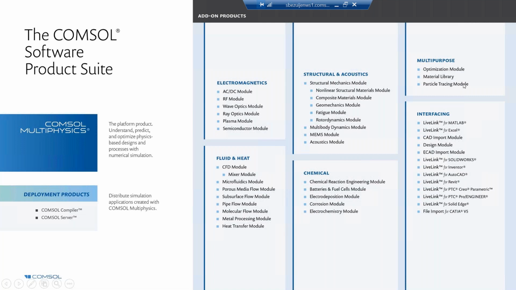Particle tracing, which has an application, of course, in electromagnetics, such as charged particle tracing, particles in fluid flow. And finally, here we see all the interfacings. I already mentioned MATLAB and Excel. And here we see a list of the various CAD programs that we can interface. So if you're familiar with one of those, know that you can combine that functionality with the COMSOL interface.